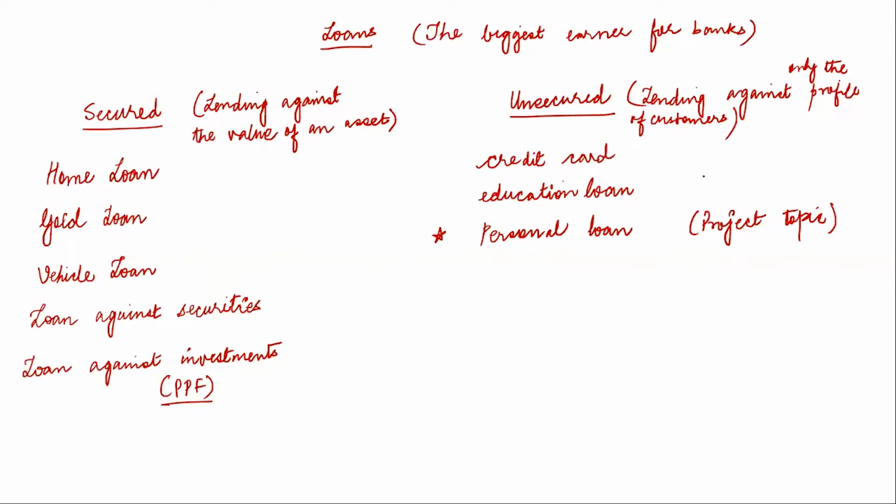So they will do some really good analysis, figuring out whether you're a good customer or not. Unsecured loan is all about getting lent based on the profile. So your CIBIL score will determine the kind of credit card offers you can avail from the market. The kind of education institute that you're going into, your education loan will also depend on that. Personal loan is also purely on CIBIL scores and whether you have paid back earlier debt or not. Question? Did I answer your question?